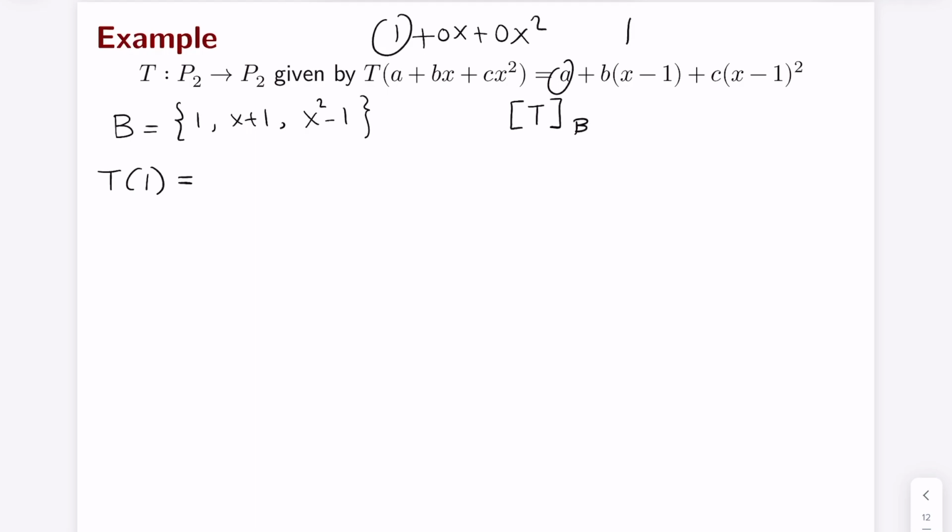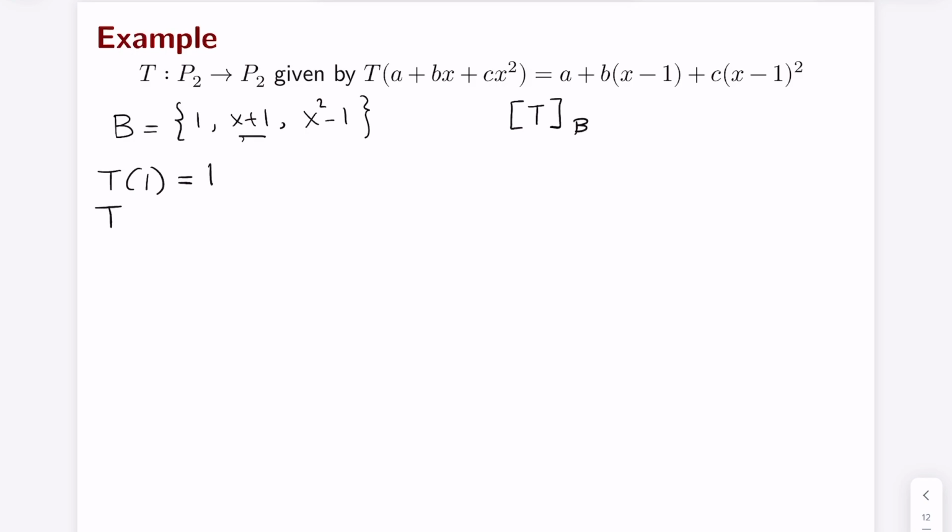All the remaining is 0. So the transformation of the polynomial 1 is 1. That means that the image of the vector 1, which is the polynomial 1 in this case, is the polynomial 1 in the second space.